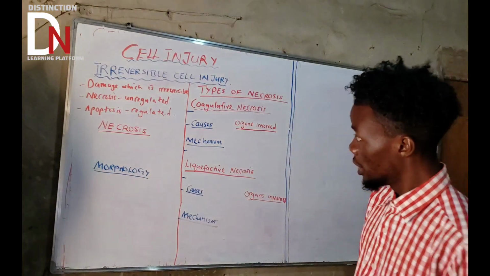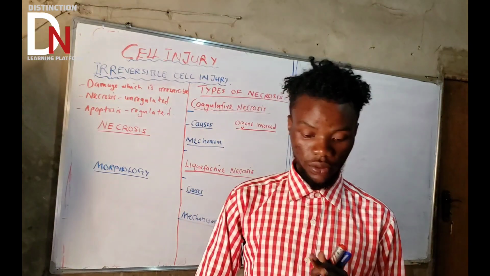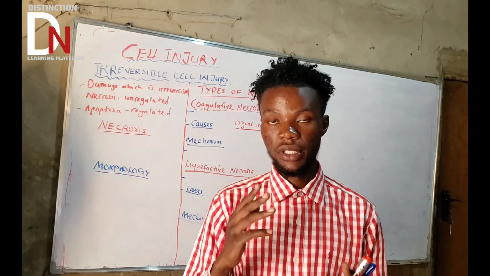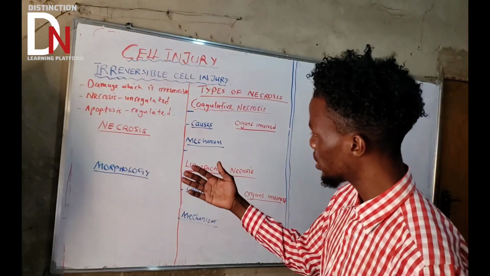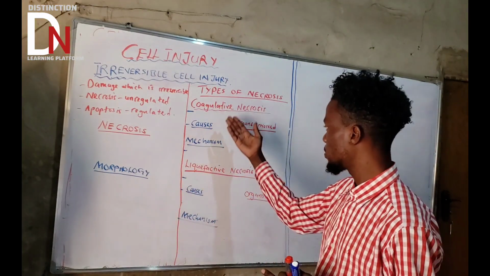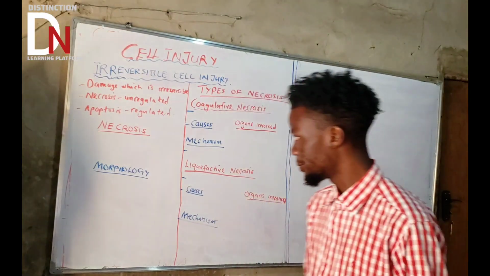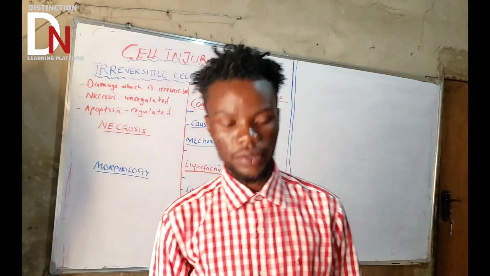Now that we know the two types of irreversible cell injury, let's go deeper into one type of cell death, which is necrosis. We'll talk about all the types of necrosis. So now let's talk about necrosis in detail. What is necrosis?